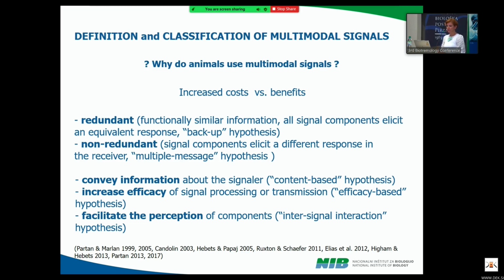The last hypothesis is that multimodal components can facilitate the perception of a specific component. They can interact with each other, and for example, they can modulate the production of another signal, or one signal can modulate the response to the other modality in the receiver.